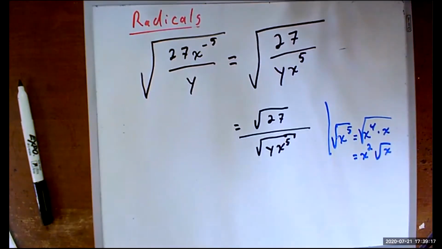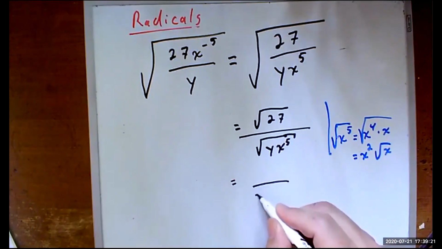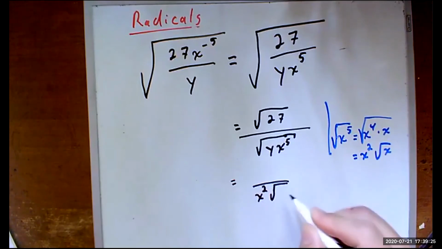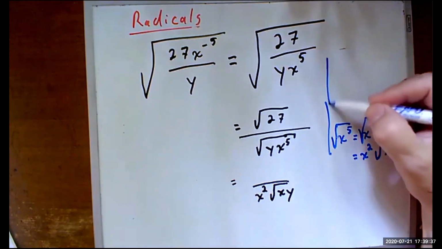So I end up with an x squared times x. That's how that comes about. So on the bottom here, I end up with x squared on the outside, and then x and y on the inside.